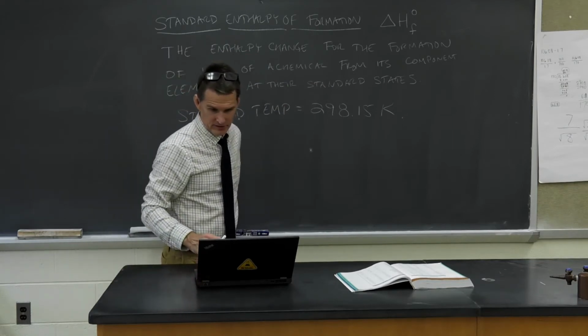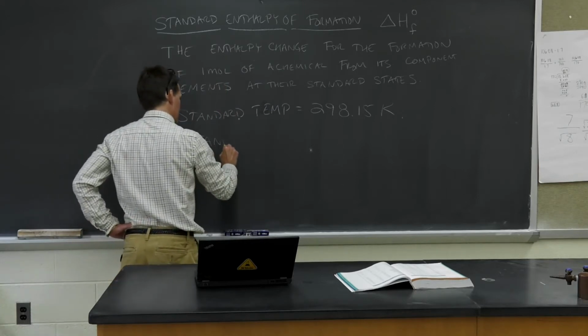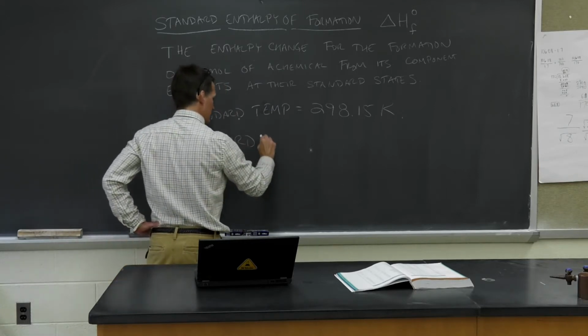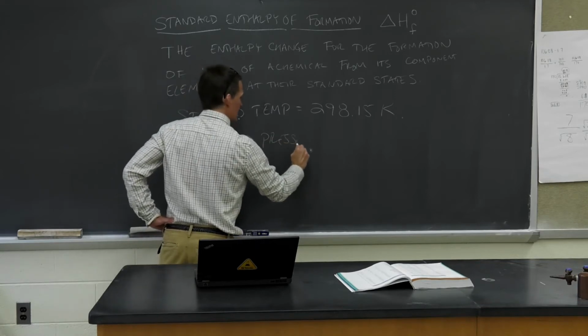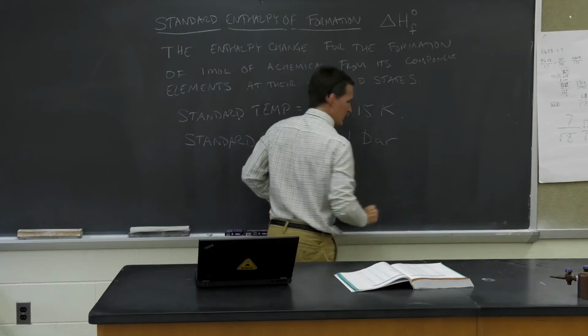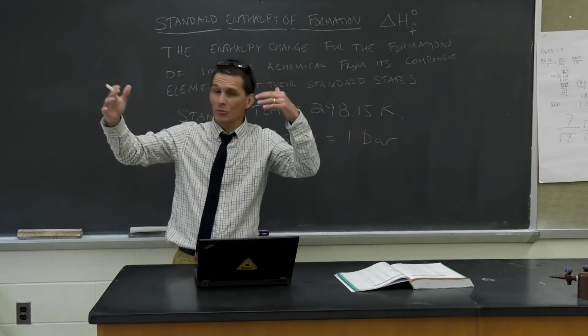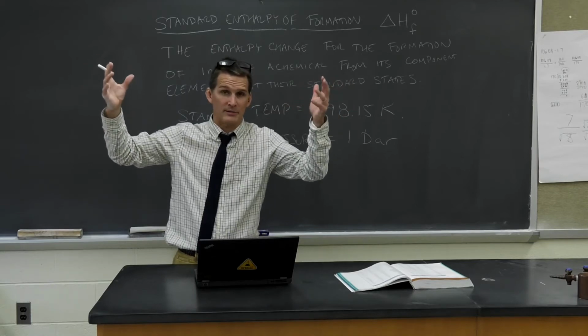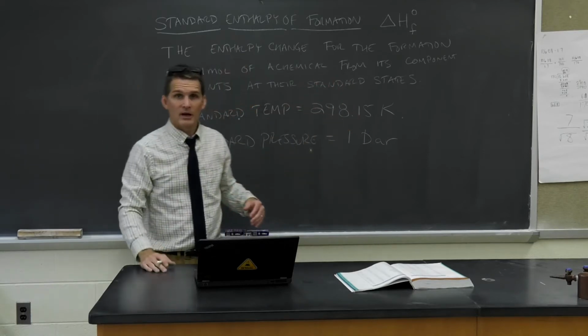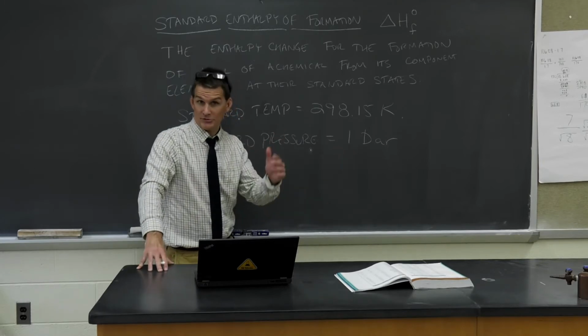And standard pressure is 1 bar pressure. And a bar pressure is about atmospheric pressure. So the normal atmospheric pressure that we experience is, roughly speaking, 1 bar, and that would be atmospheric pressure at sea level.